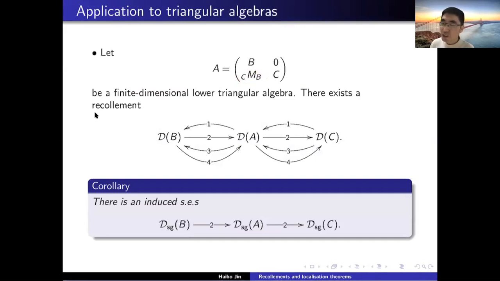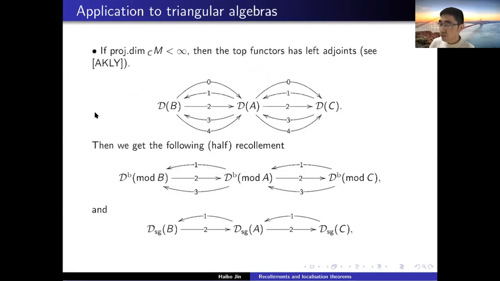But if we give some assumption or some restriction on such module M, then we can see more. So for example, if we assume M has finite projective dimension as a left C-module, then the top functor has a left adjoint, which I labeled as 0.